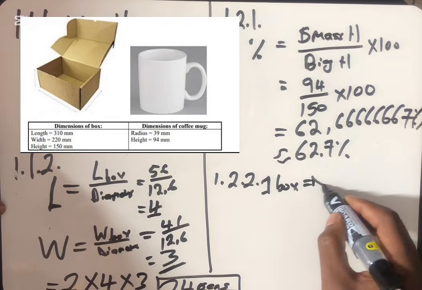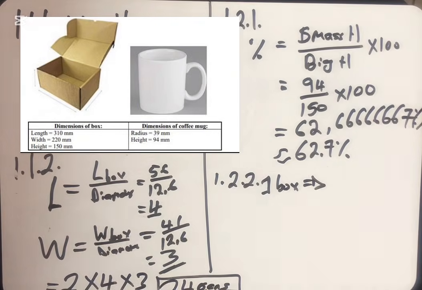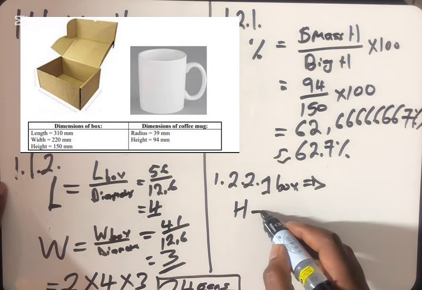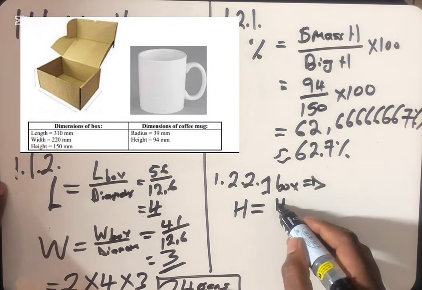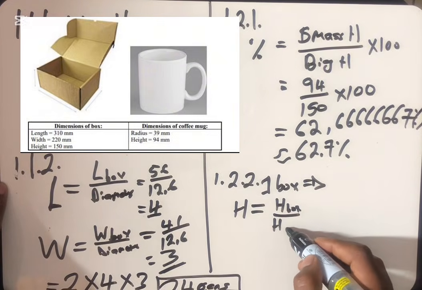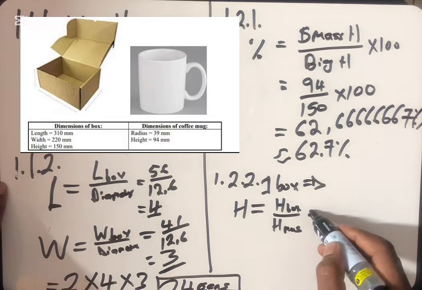One box calculations are as follows. We are going to say height divided by height. That's the first step. In respect of height, height of a box divided by height of a mug.